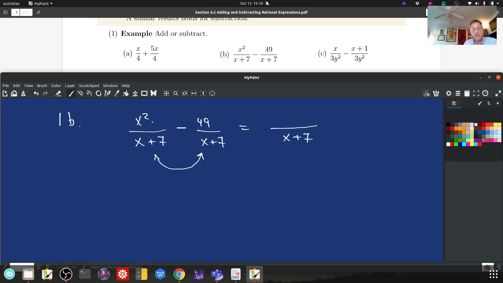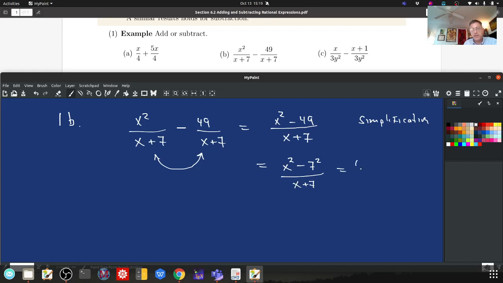That's all that matters. So then I just subtract: x squared minus 49 over x plus 7. And we're not done. This requires simplification. And I hope you can see that x squared minus 49 is the same thing as x squared minus 7 squared, over x plus 7.